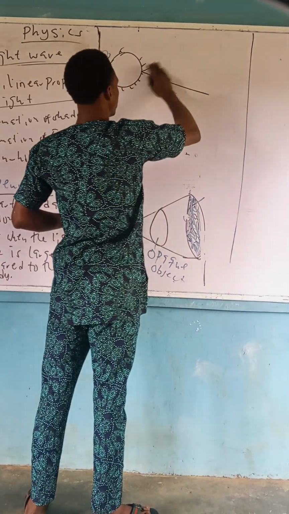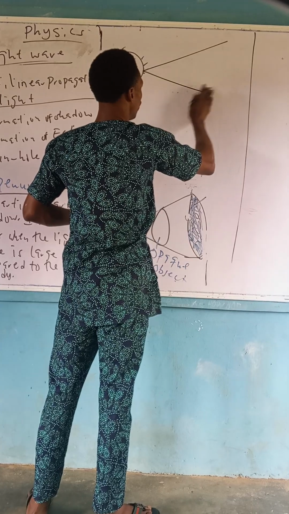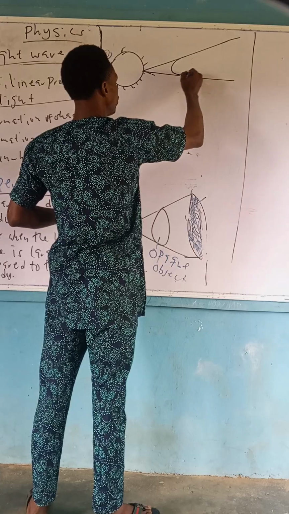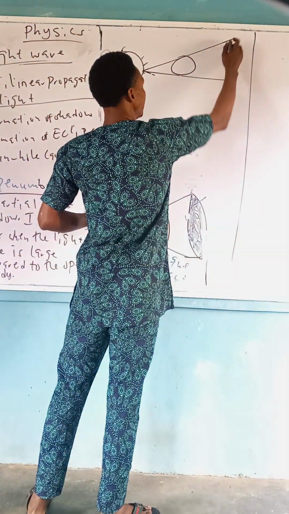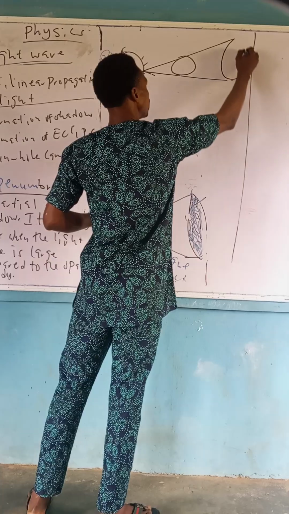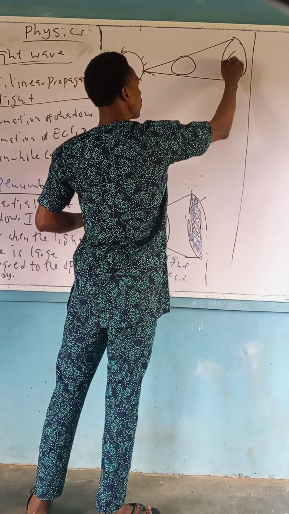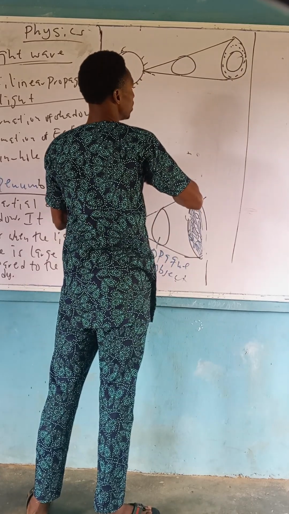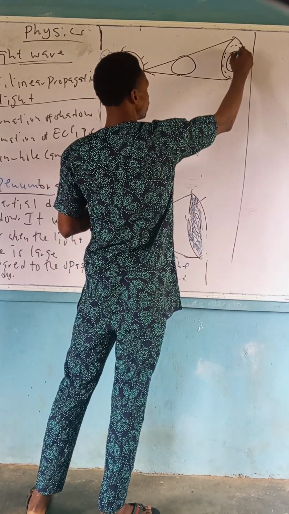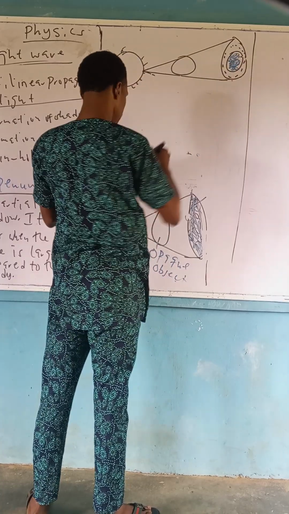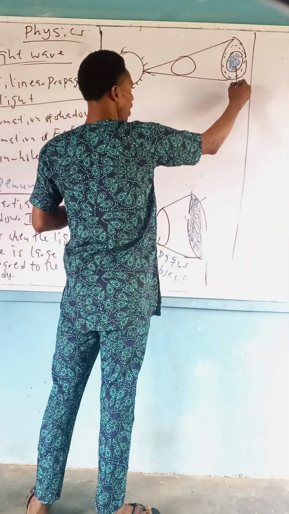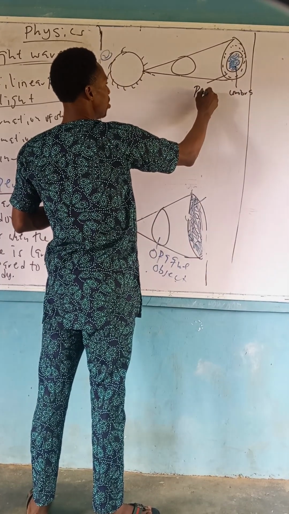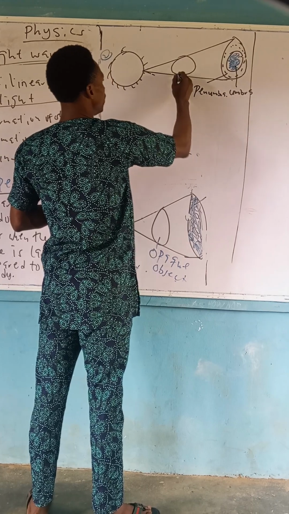In this case, let me assume this is the source of light, this is the opaque body, and this part is shaded. This shaded part is our umbra, and this other side is our penumbra.